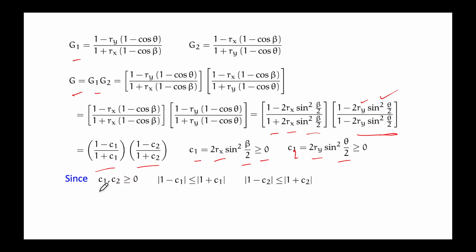Since both c1 and c2 are greater than or equal to 0, we can write that the modulus of 1 minus c1 is less than or equal to the absolute value of 1 plus c1. Similarly, modulus of 1 minus c2 is less than or equal to modulus of 1 plus c2.